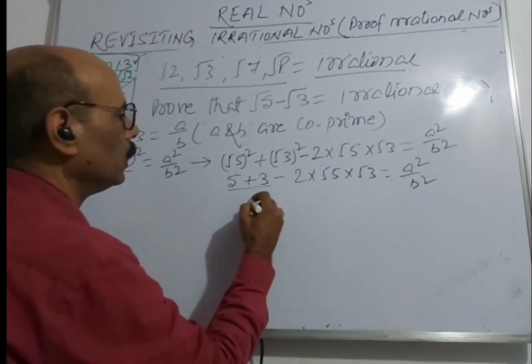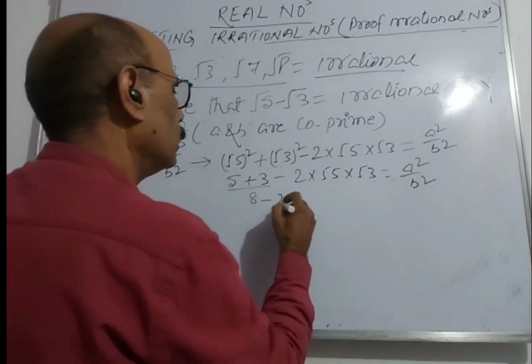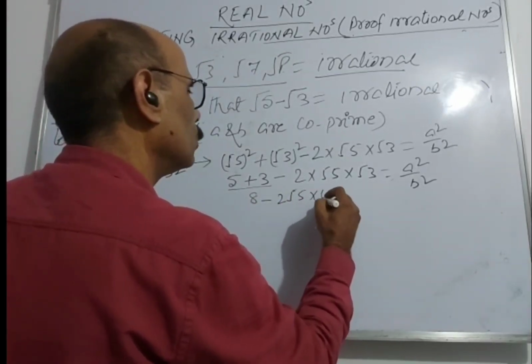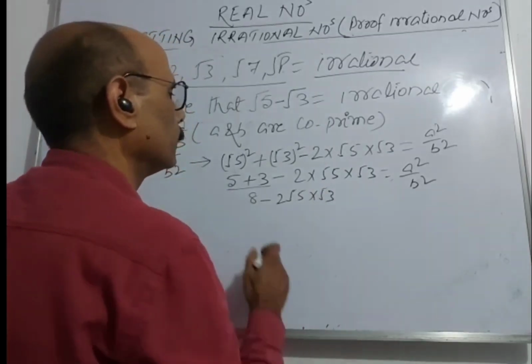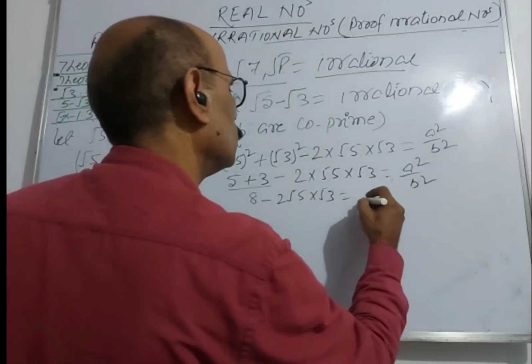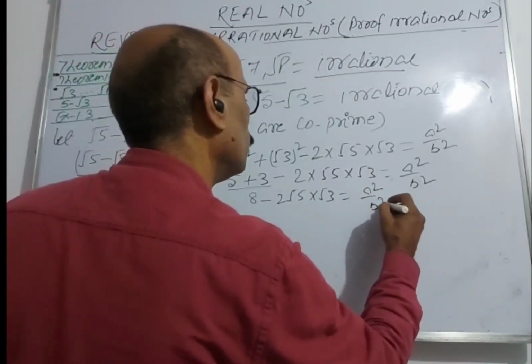This 5 plus 3 is 8 minus 2 root 5 into root 3. So 8 minus 2 into root 5 into root 3 is equal to a square by b square.